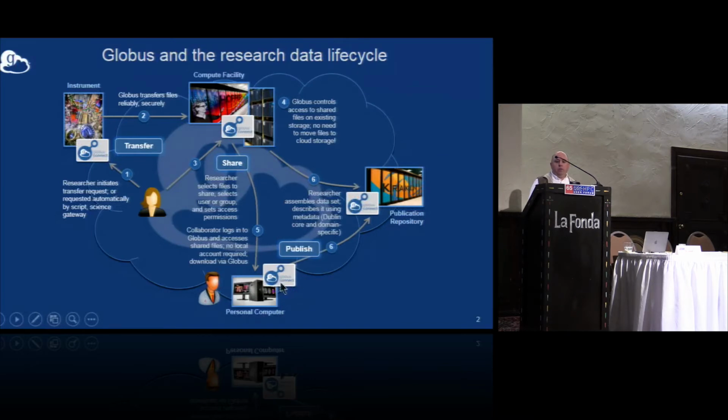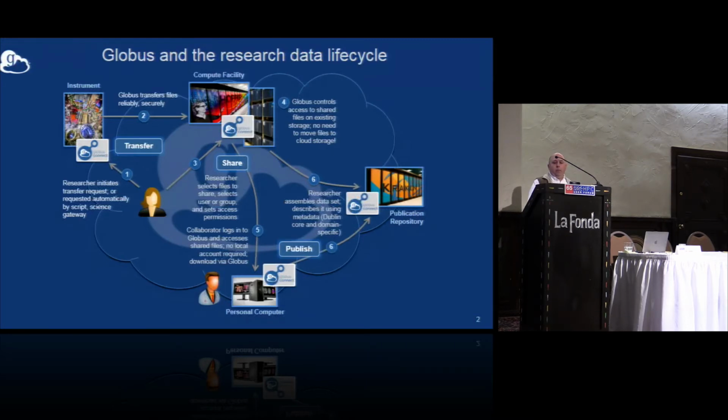Basically what that allows researchers to do is to define a set of data, a set of directories and the files in them, and add metadata to that using whatever form of metadata they use in their particular scientific field. We're pretty much schema agnostic, but we do allow people to enforce their own schema.